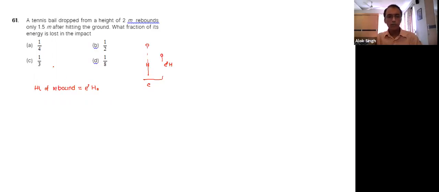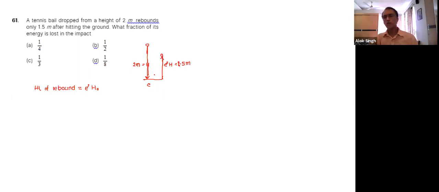This is one part. What we have to calculate is what fraction of energy is lost. Can you calculate the fraction of energy lost, Nishita? It is dropped from a height of 2 meters and rebounds to a height of 1.5 meters.